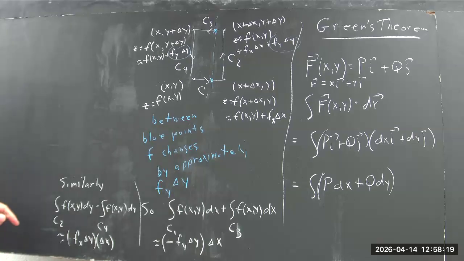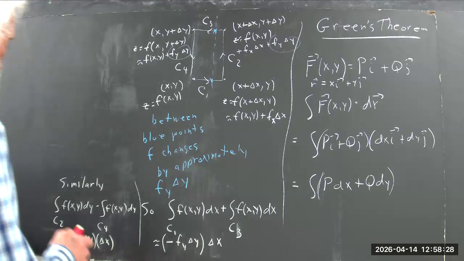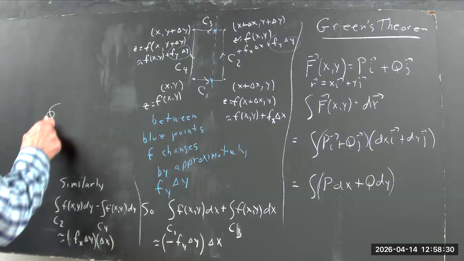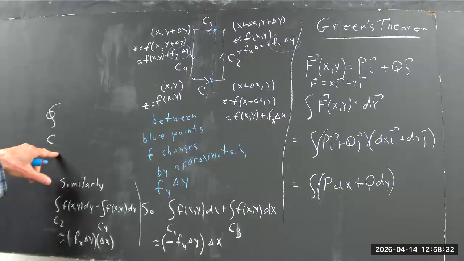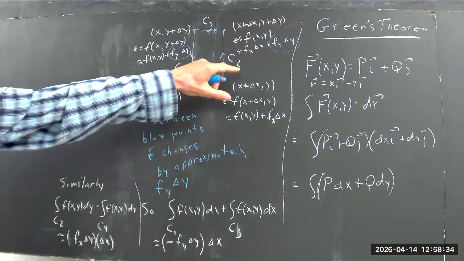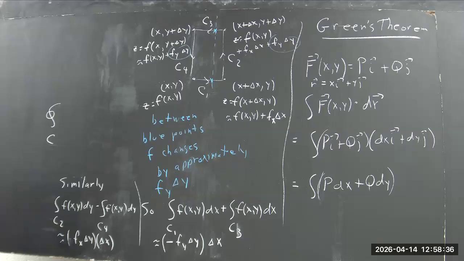All right. The upshot of this is it's the integral around the whole path C, which is C1 plus C2 plus C3 plus C4.